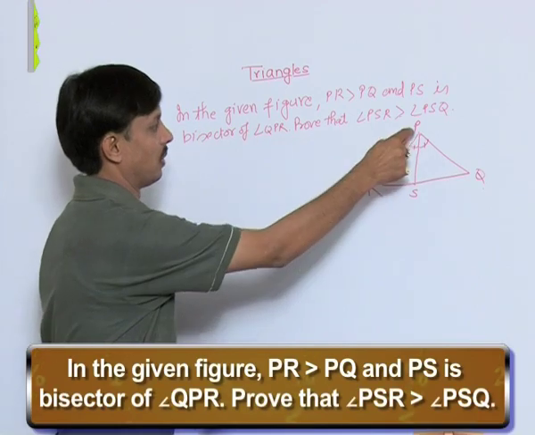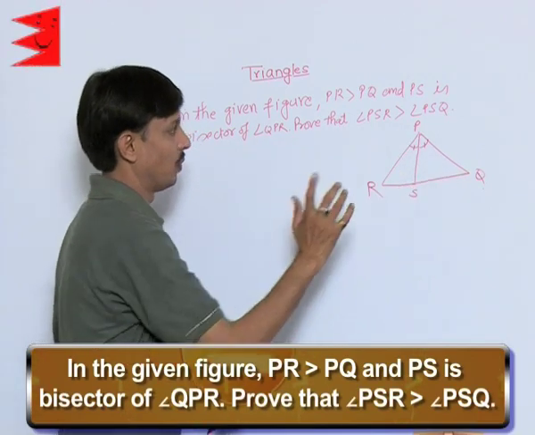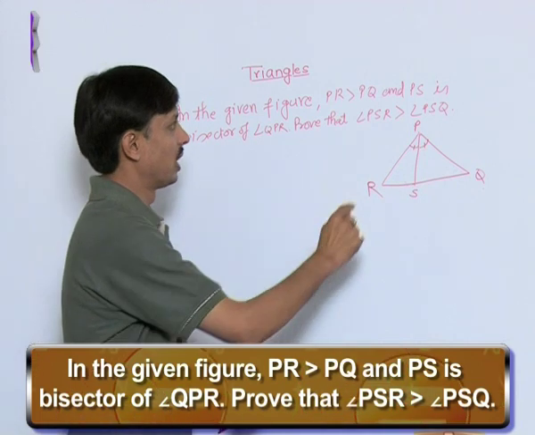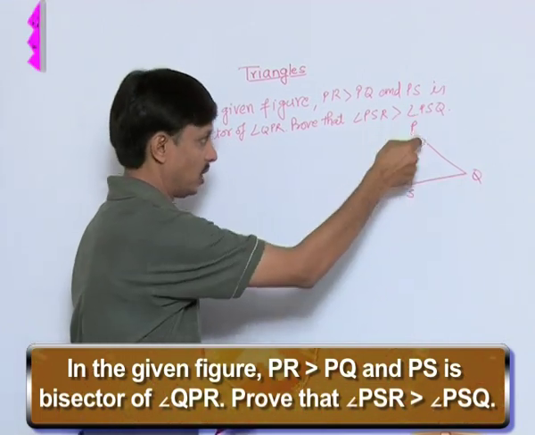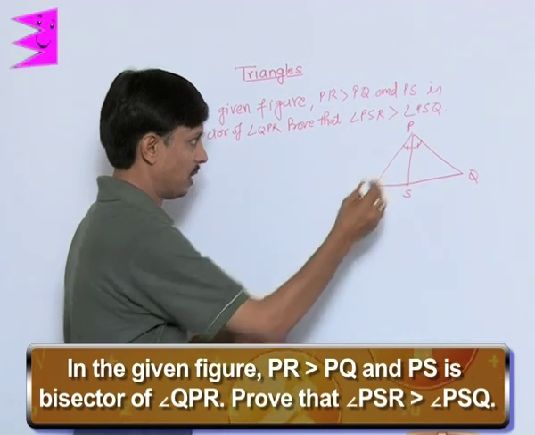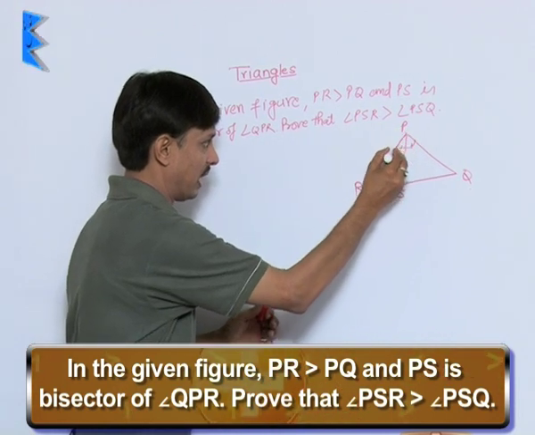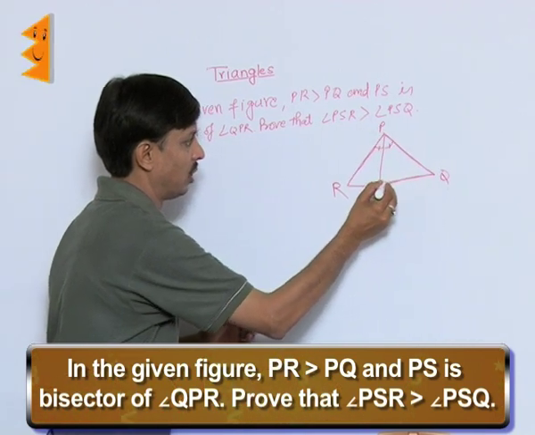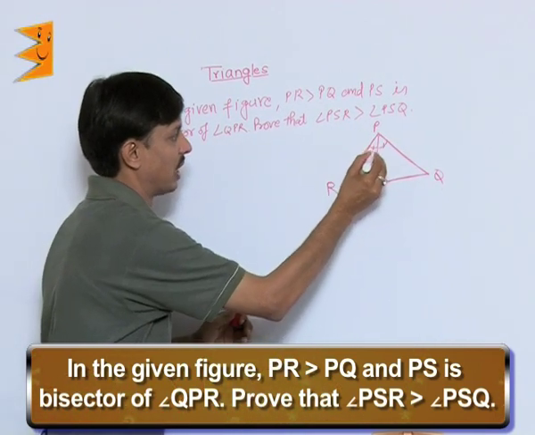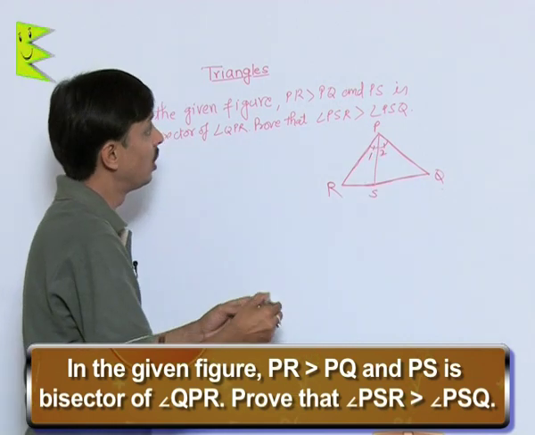In the given figure, PQR is a triangle with the condition that PR is greater than PQ, and PS is the bisector. Bisector means the line, segment or ray which separates an angle into equal parts, that is angle 1 is equal to angle 2.